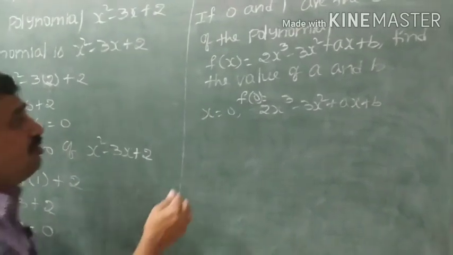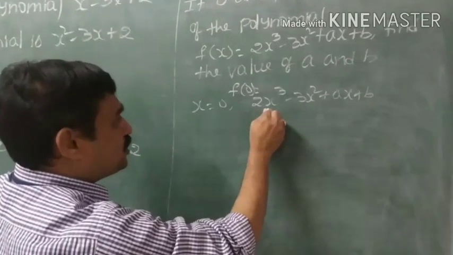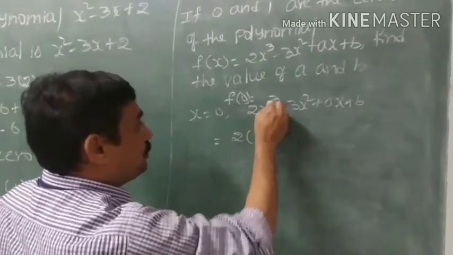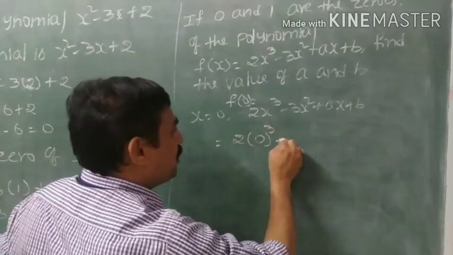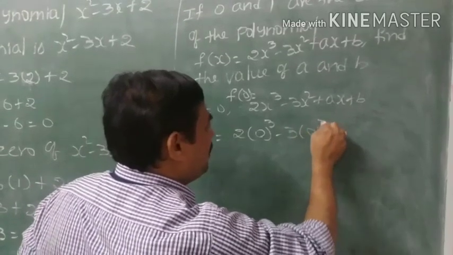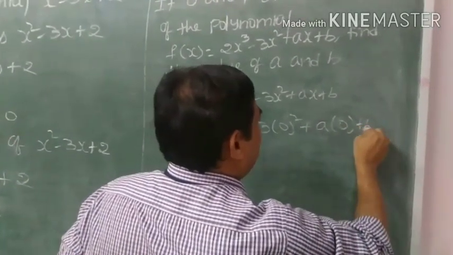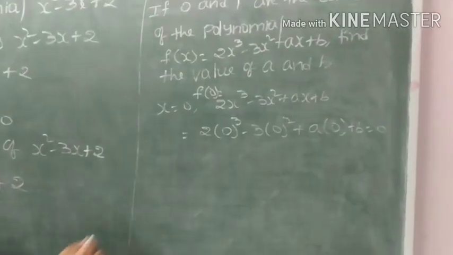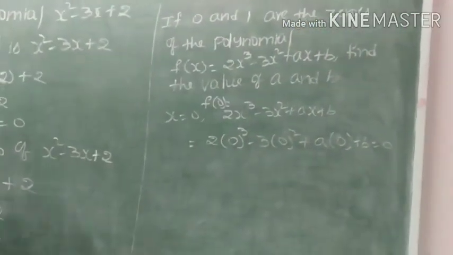Isn't it? Now first of all, in place of x, what do we have to substitute? 0. So 2 into 0 cube minus 3 into 0 square plus a into 0 plus b is equal to 0. Why should we write 0? Because it is a zero of the polynomial.